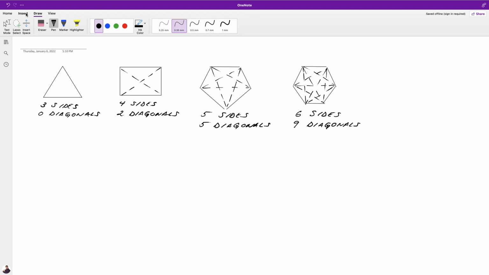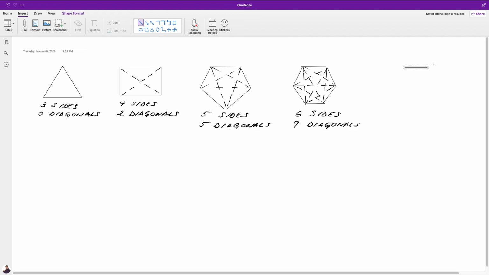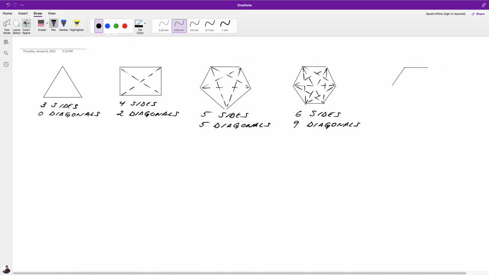All right, let's now consider a heptagon. Okay, heptagon. It doesn't have to be regular, just any heptagon will do.